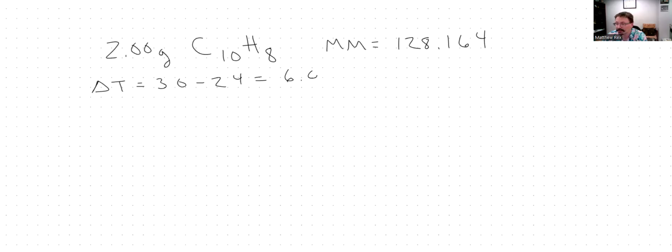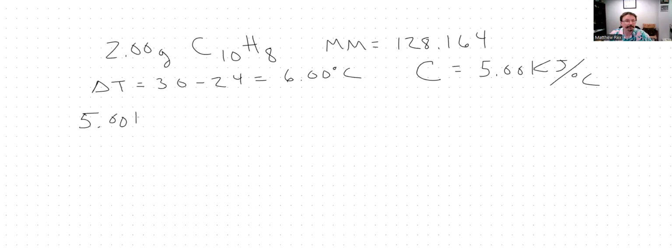So we have a delta T of 6 degrees Celsius, and our heat capacity for our bomb calorimeter is 5 kilojoules per degree Celsius. So I can take our heat capacity for our bomb calorimeter, multiply that by the change in temperature when it combusted and absorbed all that energy, and we can see that combusting 2 grams of naphthalene should give us 30 kilojoules of energy.